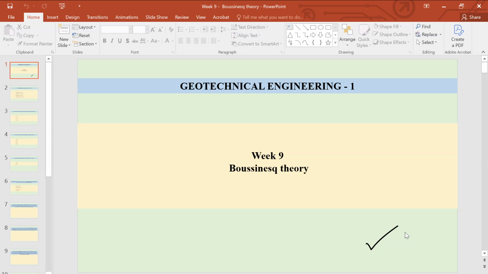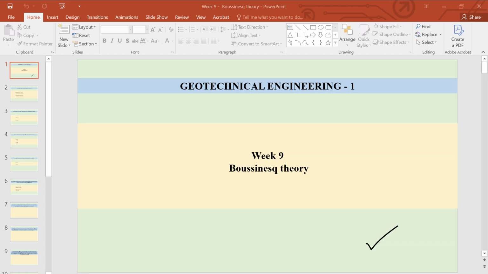Like the previous classes, this session has some MCQs. It has many more numericals. Those of you who have joined, I will dictate the numericals.